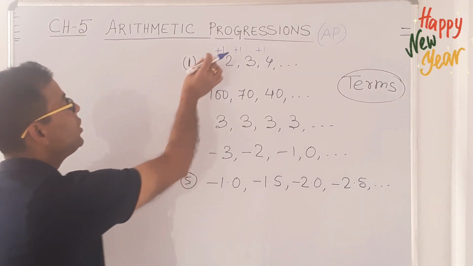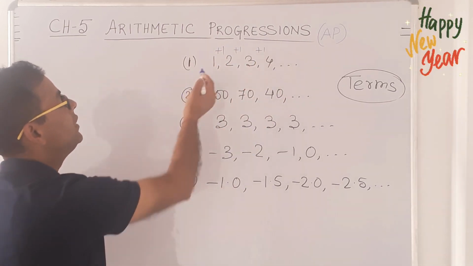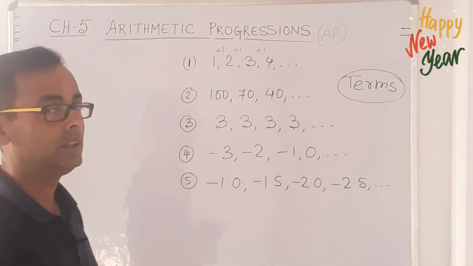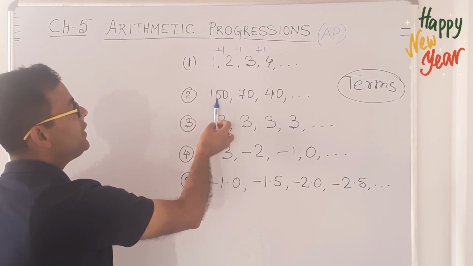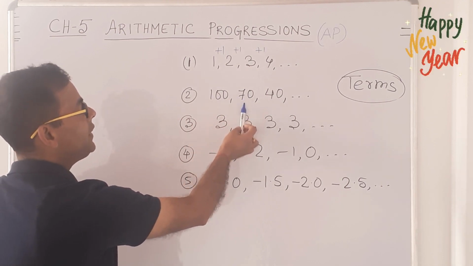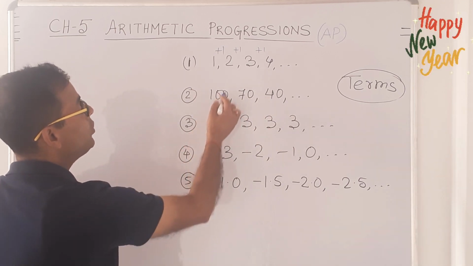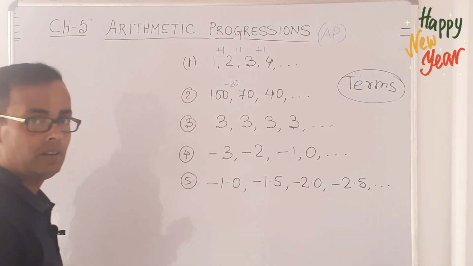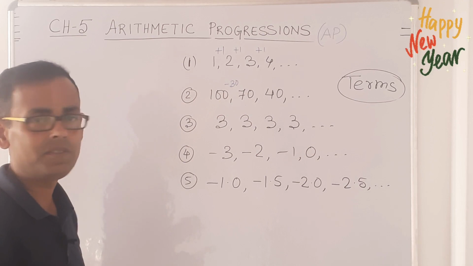So when I add one fixed number to these terms, I get the successive term. Clear? Again see here, this is the preceding, this is the successive term. Now here I am subtracting 30 from the preceding term, and I am getting the successive term.